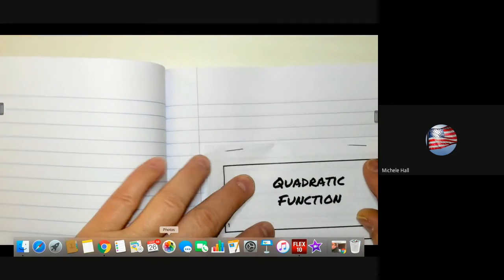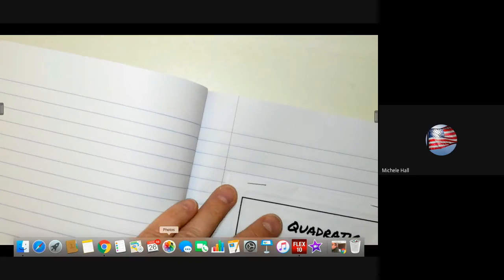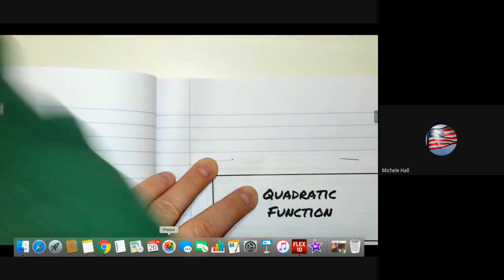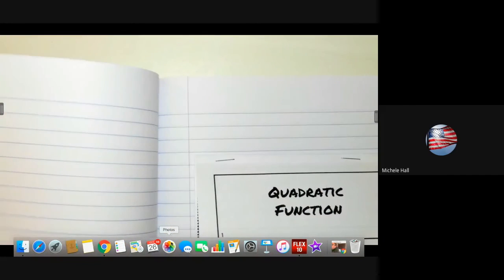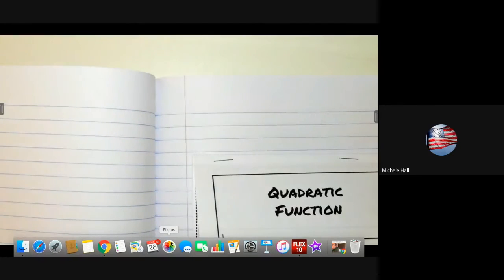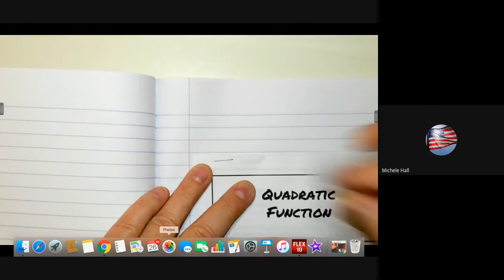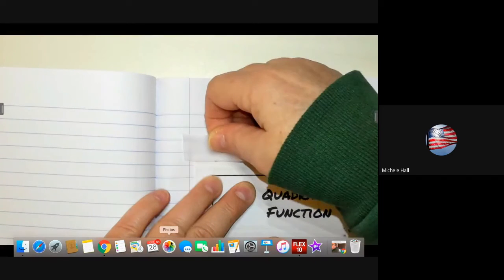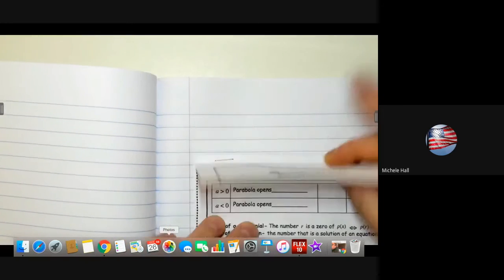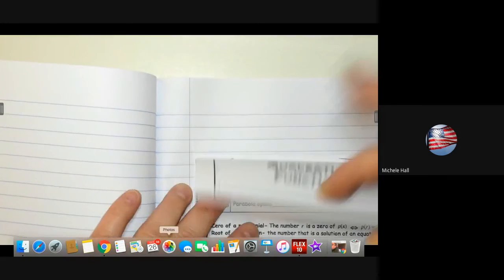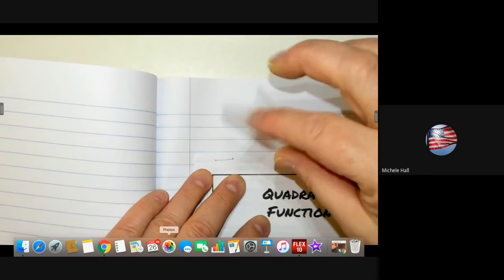When you put this foldable into your notebook, all you need to do is tape across the top. You want to be able to open it, so make sure you have a good crease there to see where you don't want to go over.